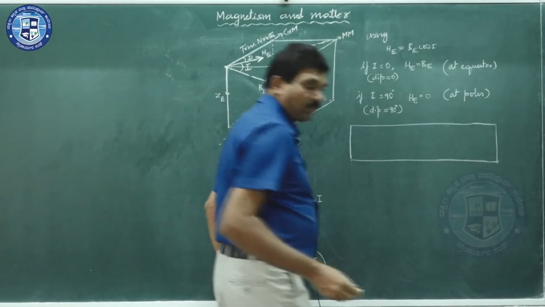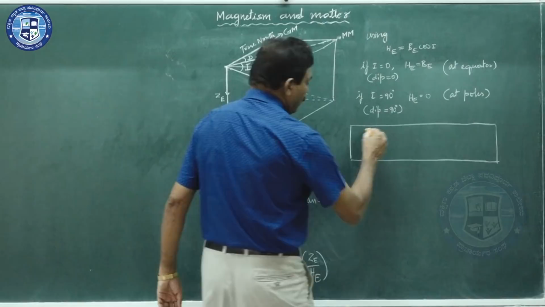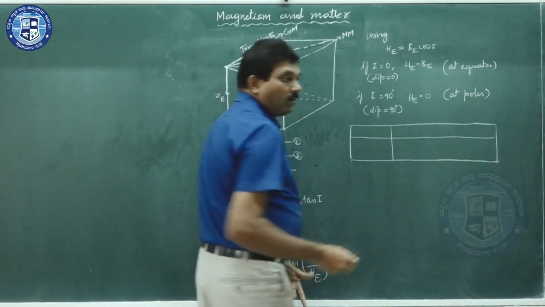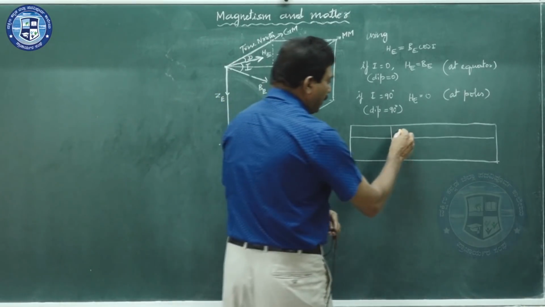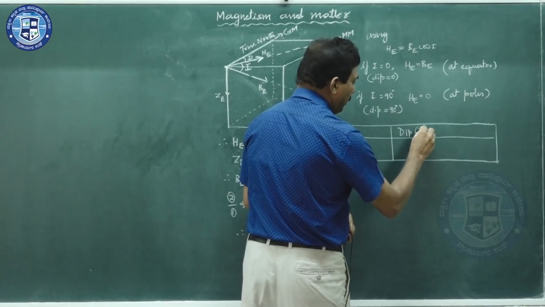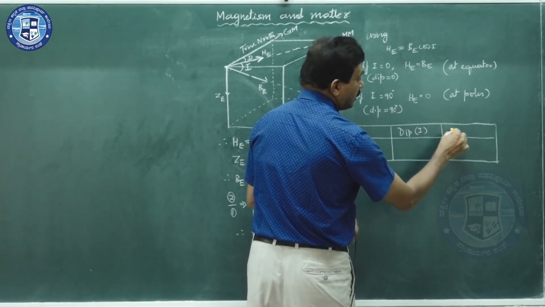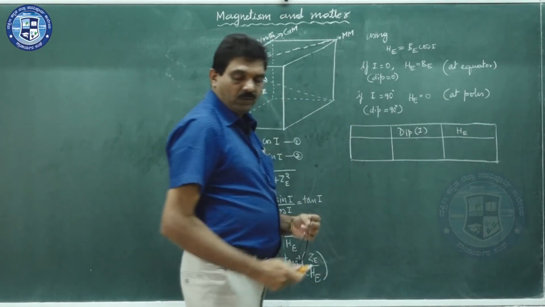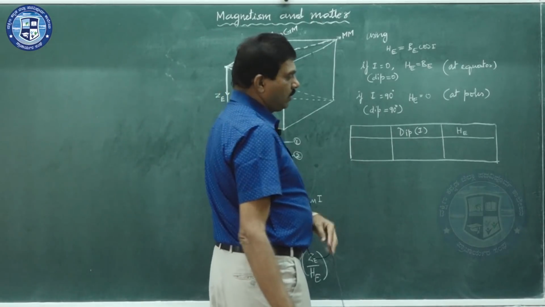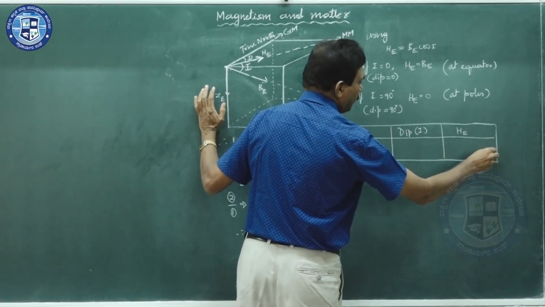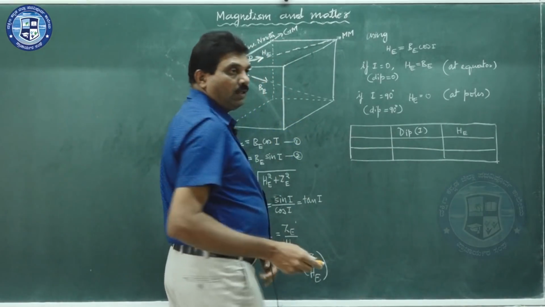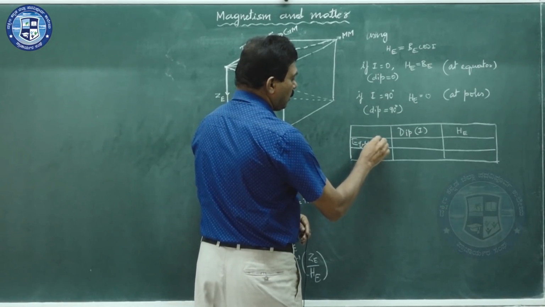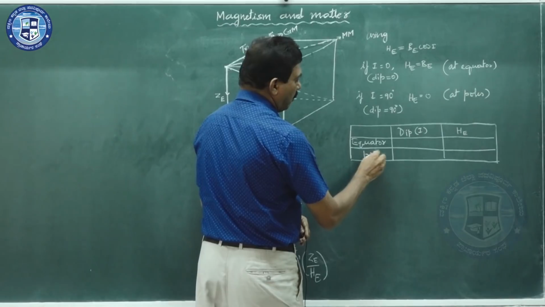Look at this table. Okay. Now, here you can say this is the dip, magnetic dip, it is I, and this is the horizontal component of Earth's magnetic field. We will consider two positions: first one at the equator, second one at the pole.